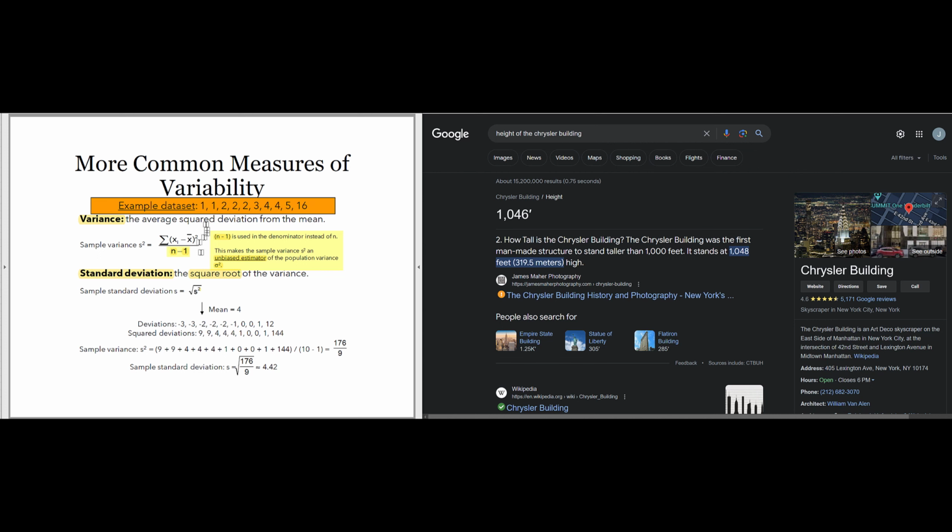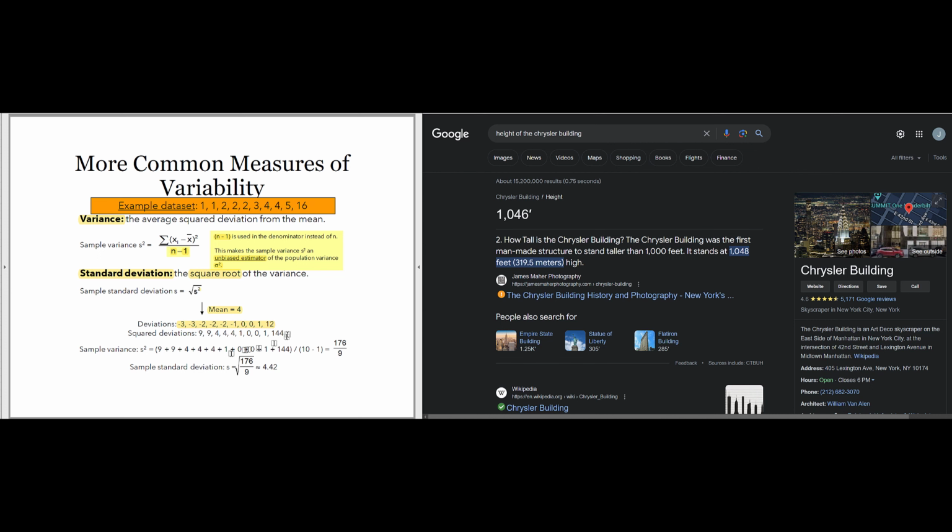Okay, so based on our example data set, 1, 1, 2, 2, 2, 3, 4, 4, 5, 16, we can compute that the mean is 4. We can individually compute the deviations from the mean, that is the individual x sub i values minus the mean.